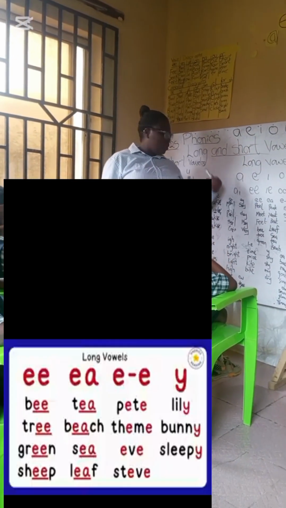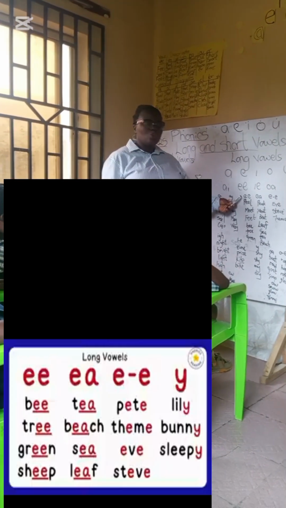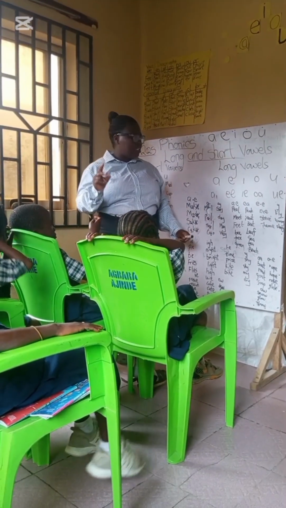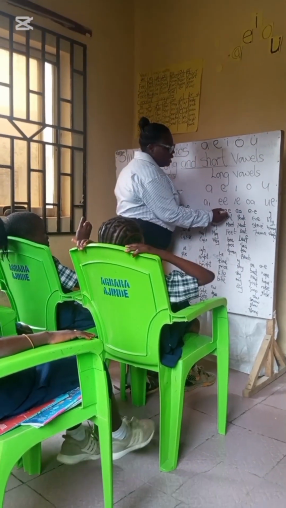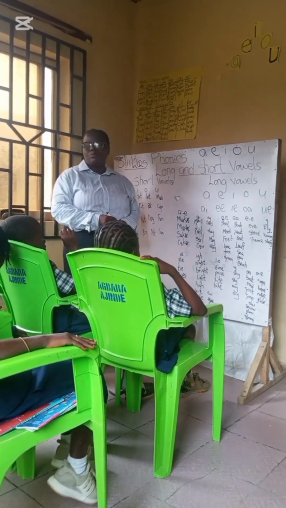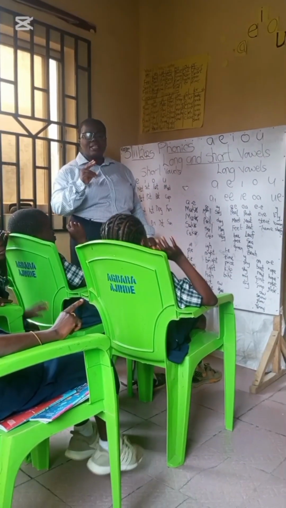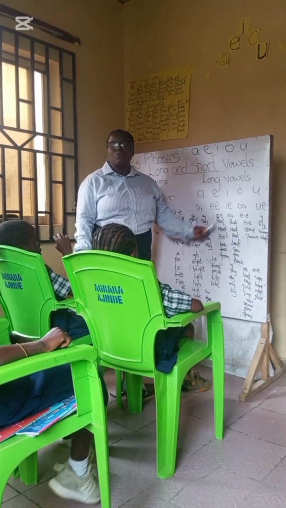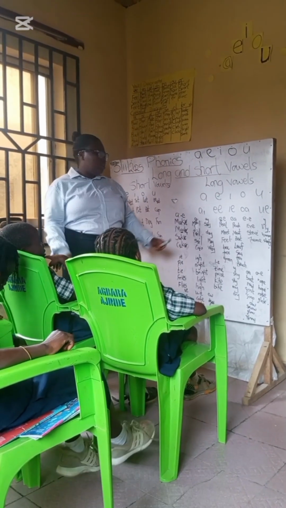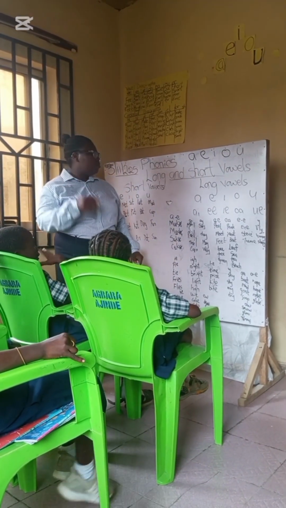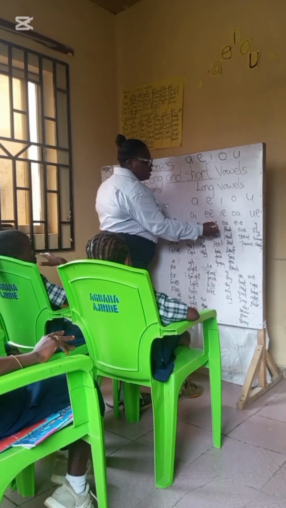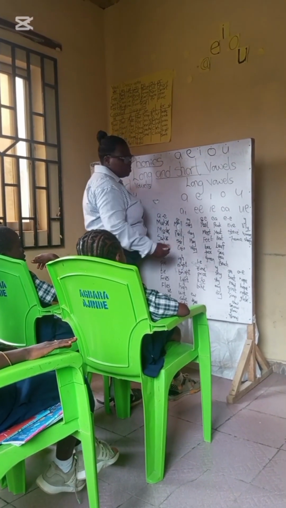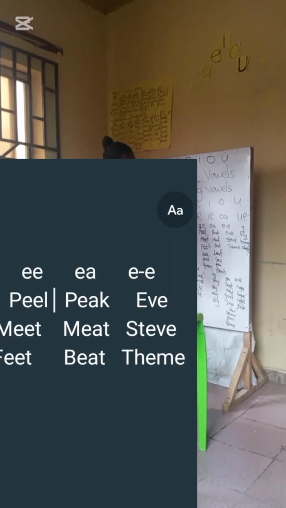I emphasized while we were treating A that A and I, they are both vowels. And when you have two vowels staying together, it's going to take the name of the first vowel, while the second vowel is silent. So we have E as in peel. E as in meat. E as in feet.